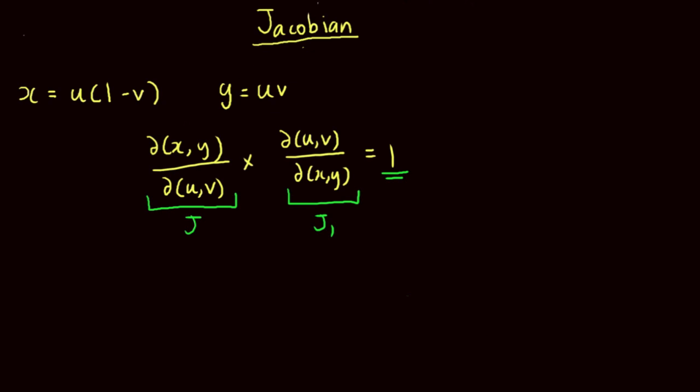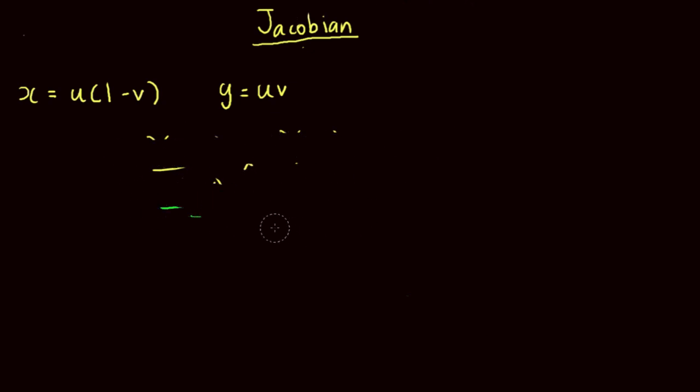Assuming that you have tried this problem, let's solve it together. So I'm going to erase this. First things first, let's find del xy over del uv. It's quite straightforward.